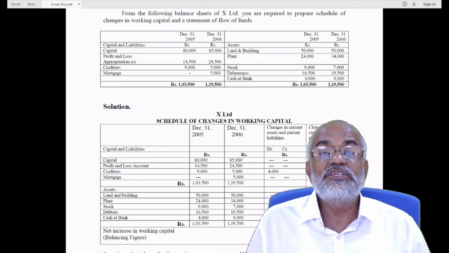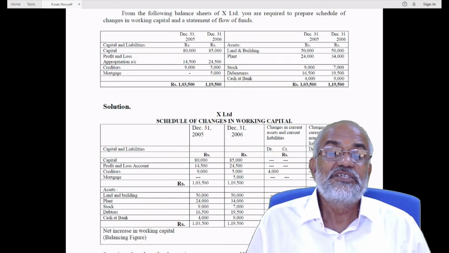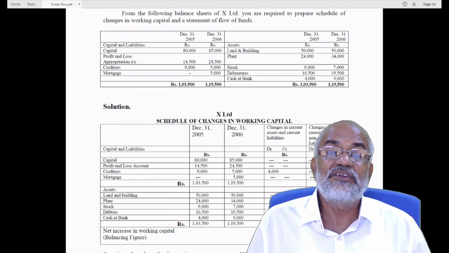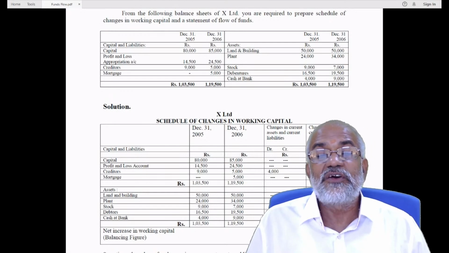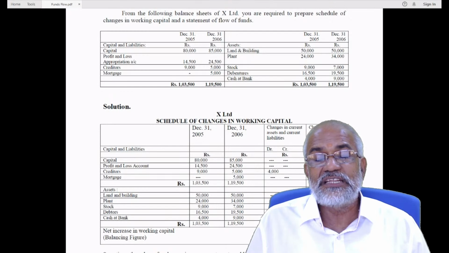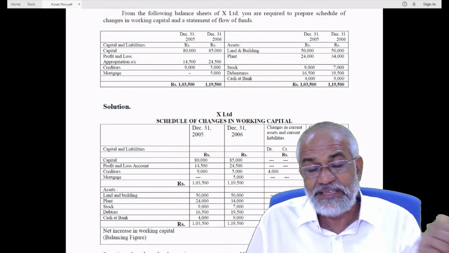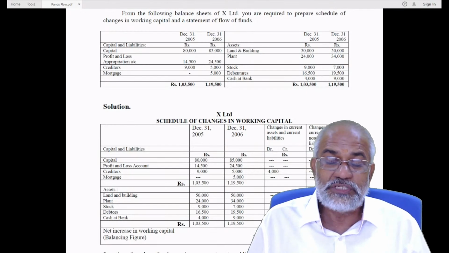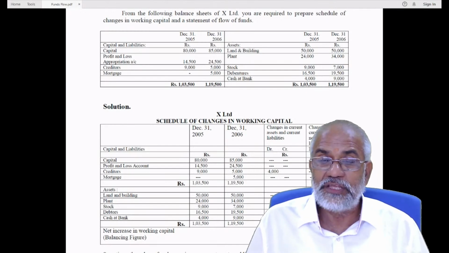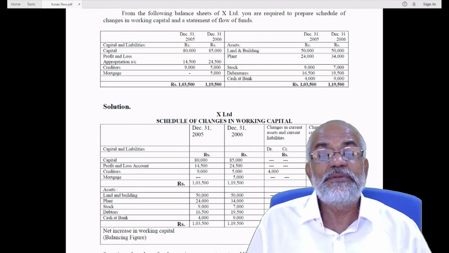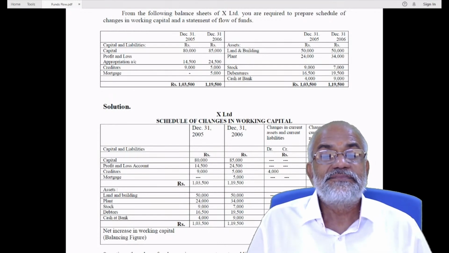It was 24,000 as on 31st March 2005 and 34,000 as on 31st March 2006. So plant is also a non-current asset. It's not a current asset, it's a non-current asset. So when the non-current asset increases, it was 24,000 at the beginning and 34,000 at the end, it has increased by 10,000 rupees. So obviously it will go to the non-current category. And whether it is to be debited or credited?